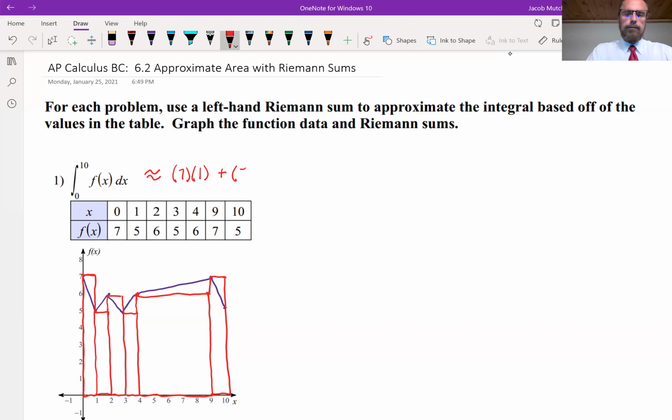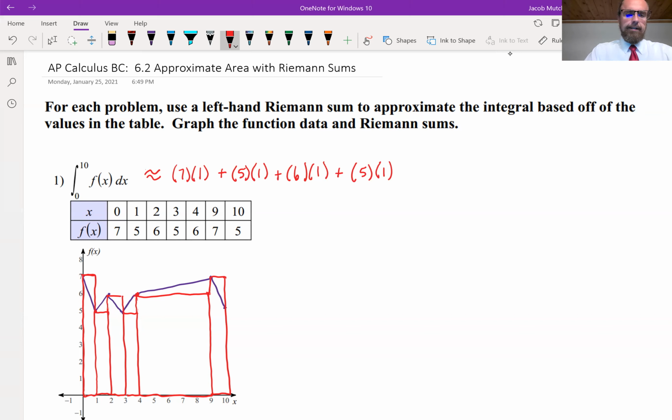It's also a width of 1. My third rectangle has a height of 6 and a width of 1. And my fourth rectangle has the height of 5, width 1.